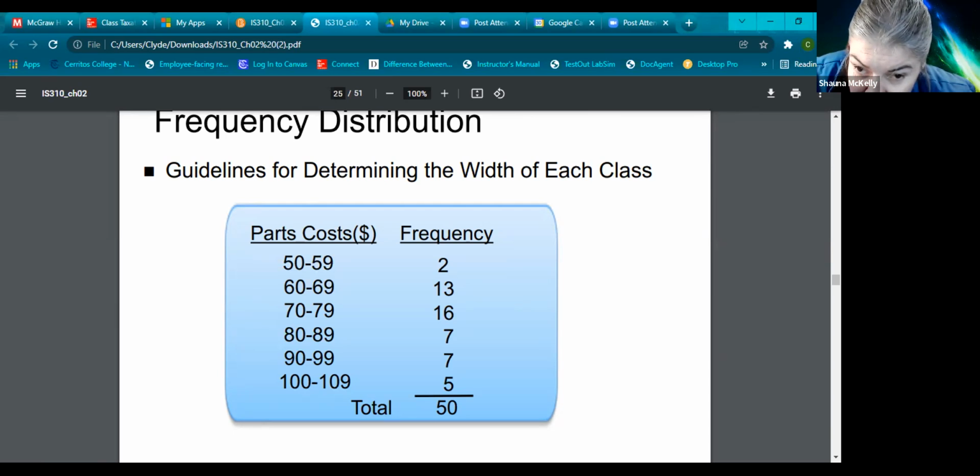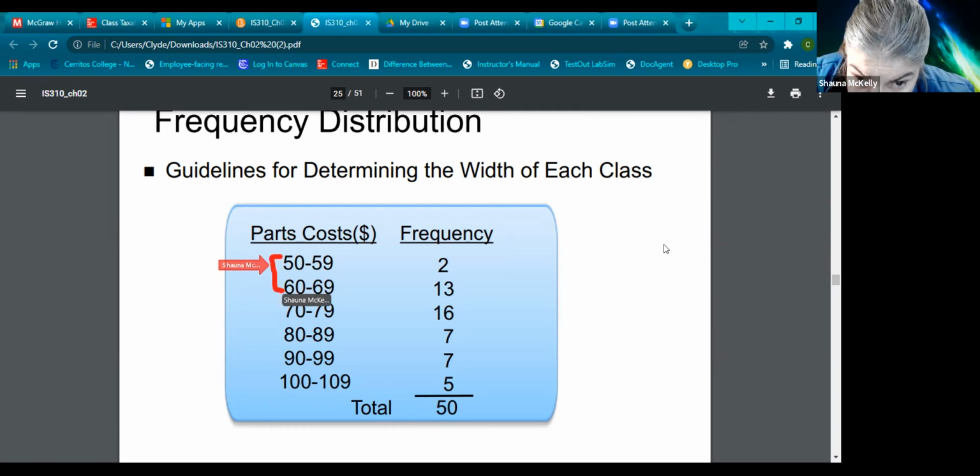So remember, our class width is 10. Now, very important here, because this is a problem for people. When you do this thing, this what we call this lower limit right here, this lower limit being 50, the width is from the lower limit to the lower limit.